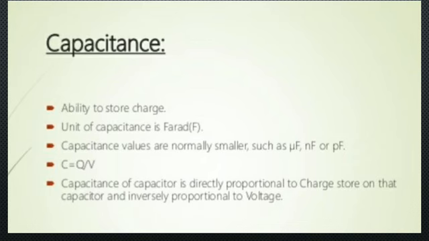So the practical units for capacitance are microfarad, nanofarad, and sometimes picofarad.